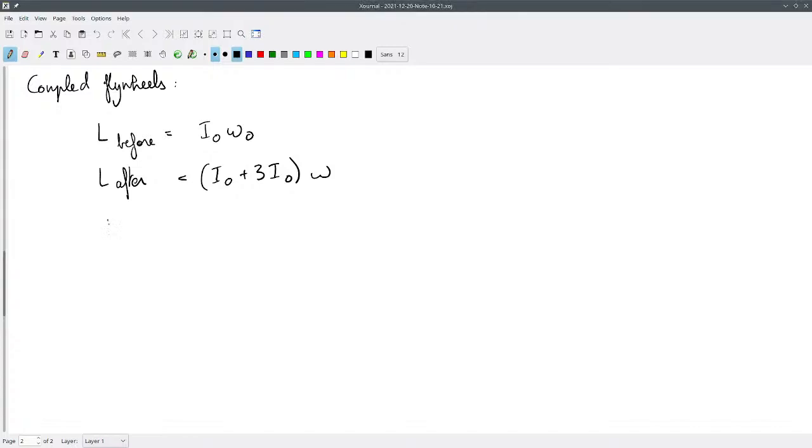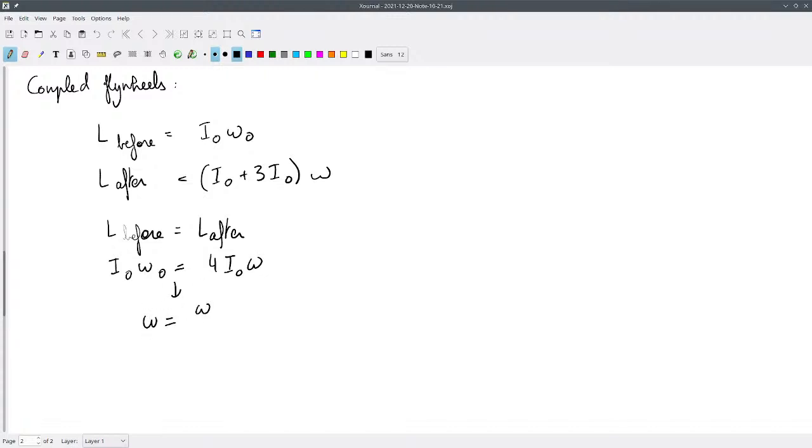L before is equal to L after. So I0 omega 0 has to be equal to 4 I0 times omega. So omega will be omega 0 over 4, or 150 revolutions per minute, if we started off at 600.